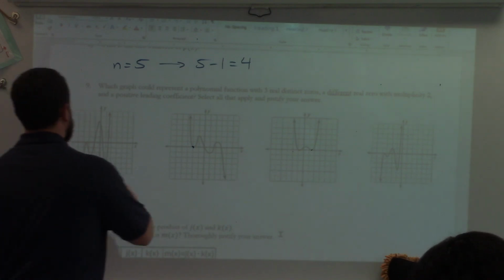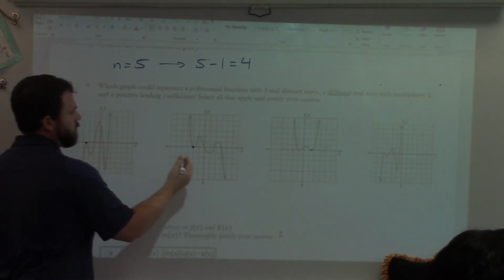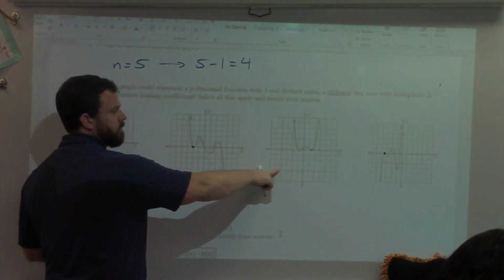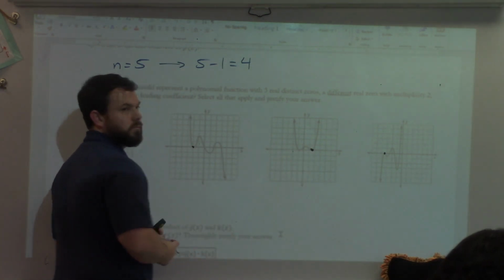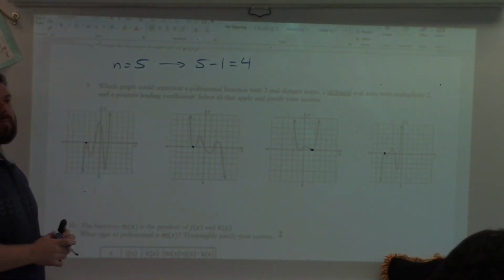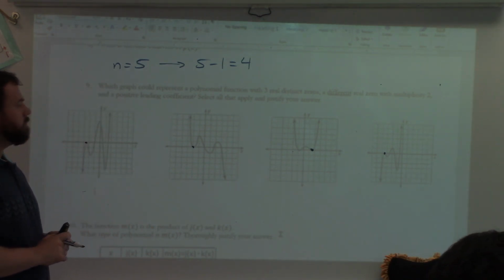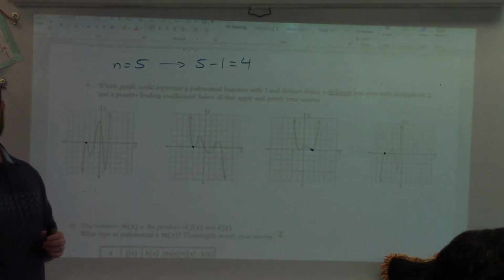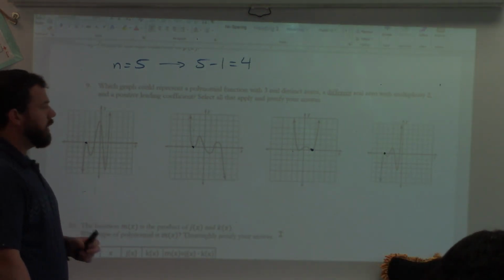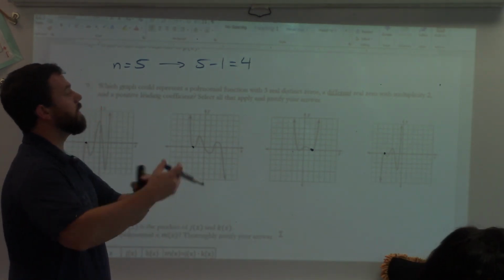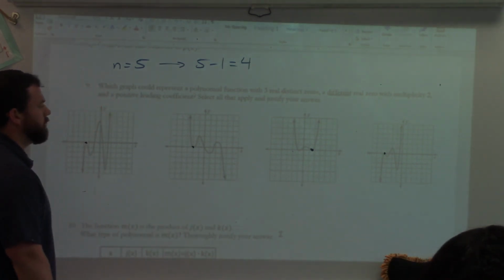Okay? However, what's the issue with this graph? Oh, my bad. Go with the 8s. Sorry. Yeah, there's not 3 different real distinct zeros and a different zero with the multiplicity of 2.